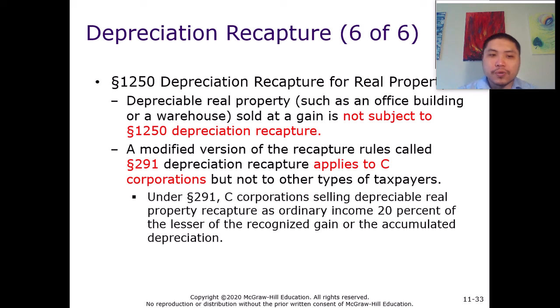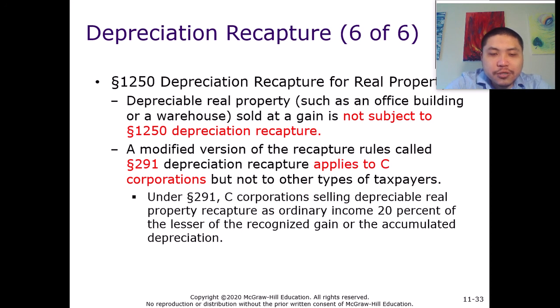It's called Section 291 depreciation recapture, and this rule only applies to C corporations. And there's another rule that applies to individual taxpayers as well, but we're going to talk about that in a little bit. But let's look at this Section 291.